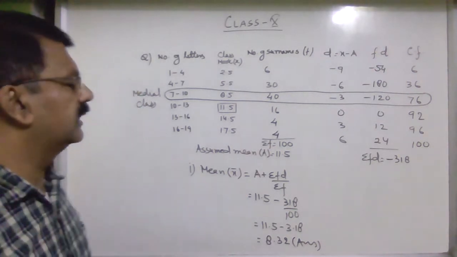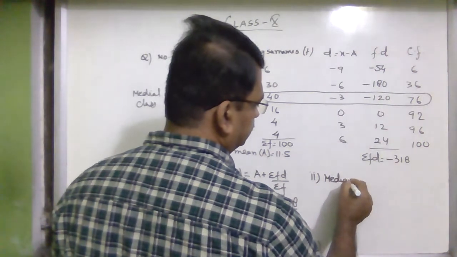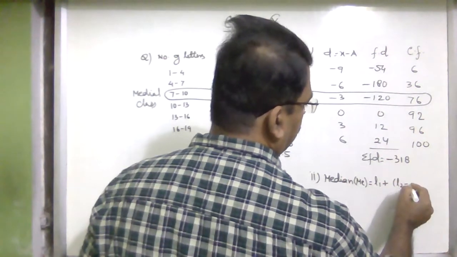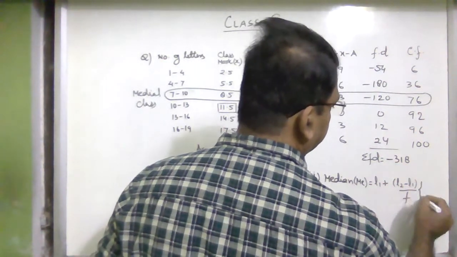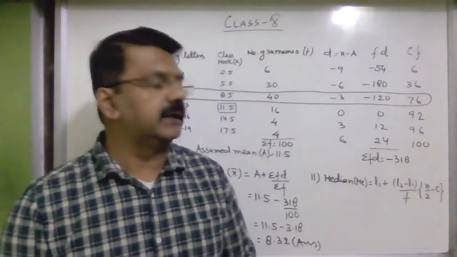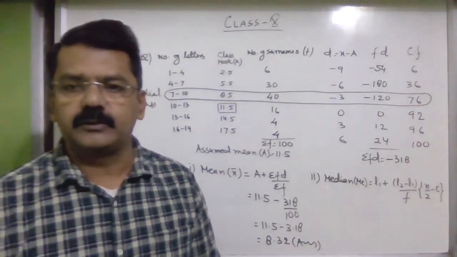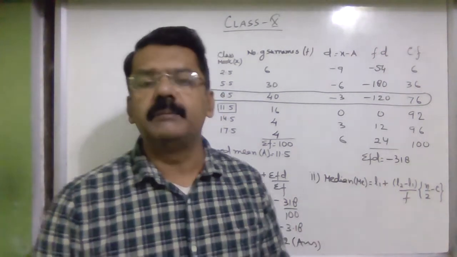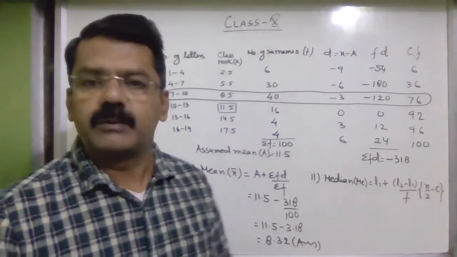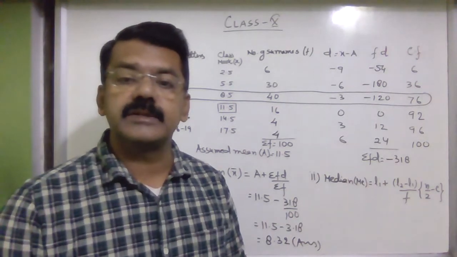Okay. Now you know the formula for median is L1 plus L2 minus L1 upon F into N by 2 minus C. Here L1 is the lower limit of the medial class, L2 is the upper limit of the medial class, F is the frequency of the medial class, N is the total frequency, and C is the cumulative frequency of the pre-medial class.